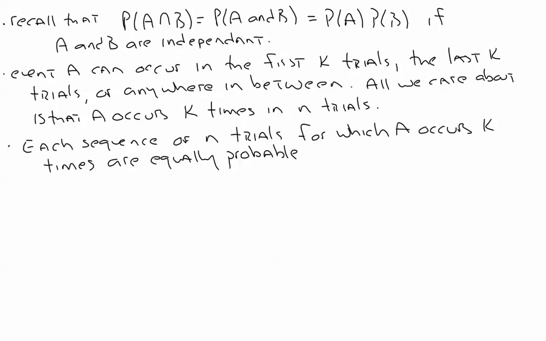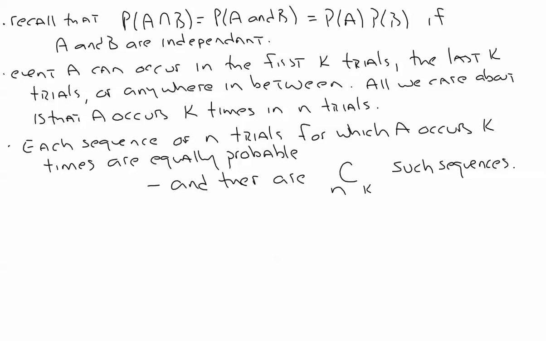All right, each sequence of N trials for which A occurs exactly K times are equally probable. And there are C sub N sub K such sequences.